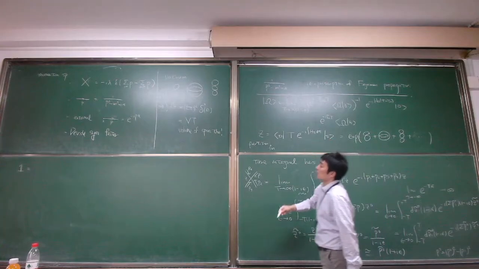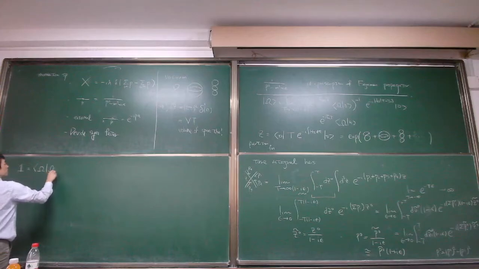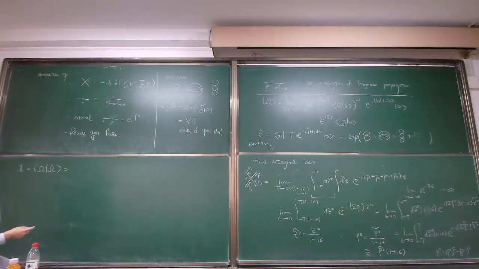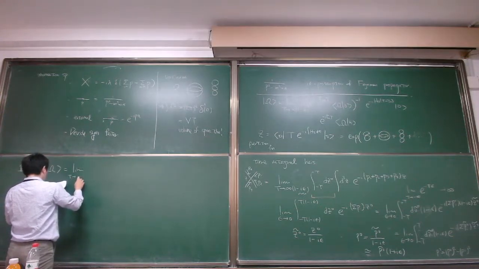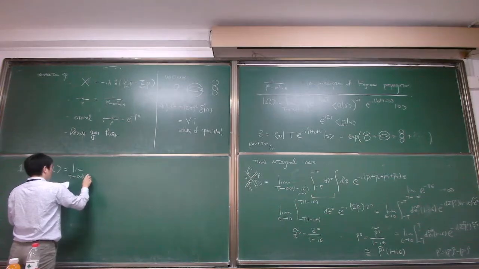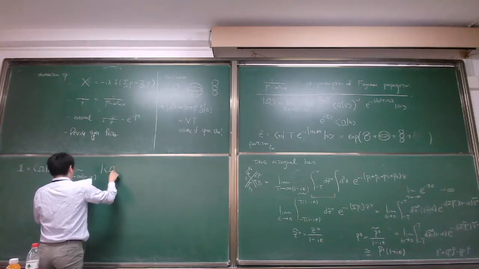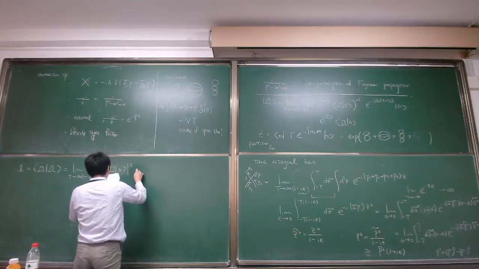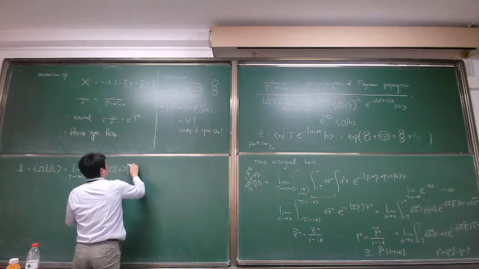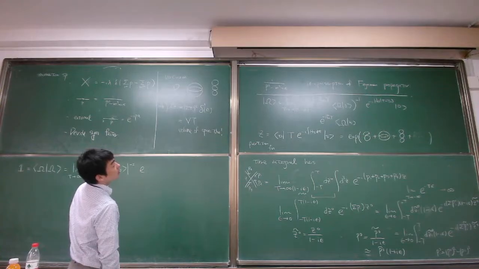If you take the inner product of the true vacuum, what we have is just this one: limit t goes to infinity of 1 minus omega 0 square e to the minus 2... am I doing this correctly?